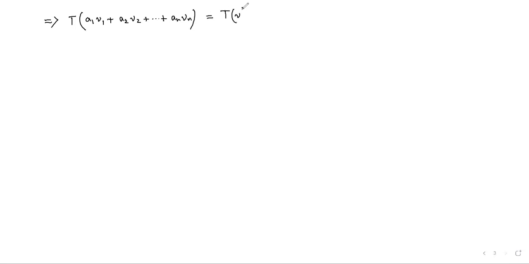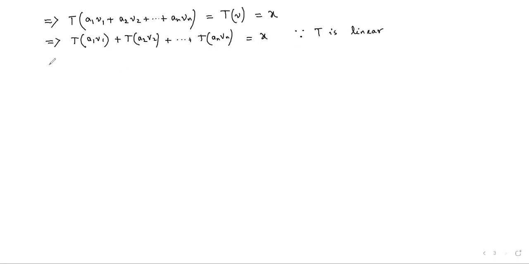We get T of v, and we know T of v is X. This can also be written as T of a1 v1 plus T of a2 v2 plus ... plus T of an vn is equal to X. Why? Since T is linear.